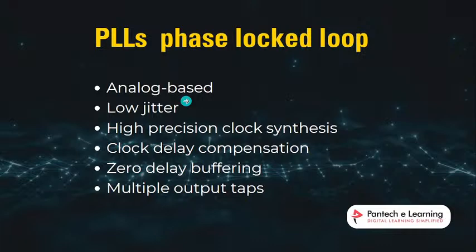In our FPGA there is a separate block for the PLL, phase locked loop. The process of the phase locked loop is to create a clock frequency using the VCO, the voltage controlled oscillator.